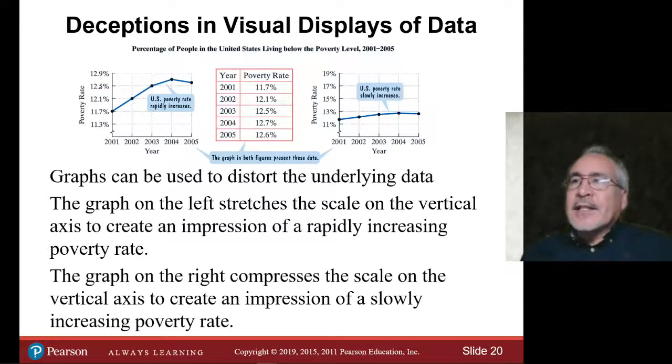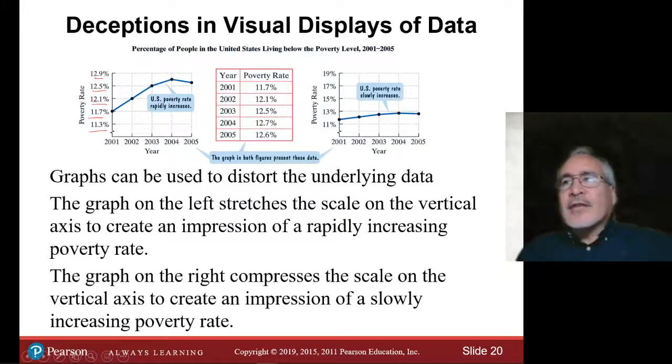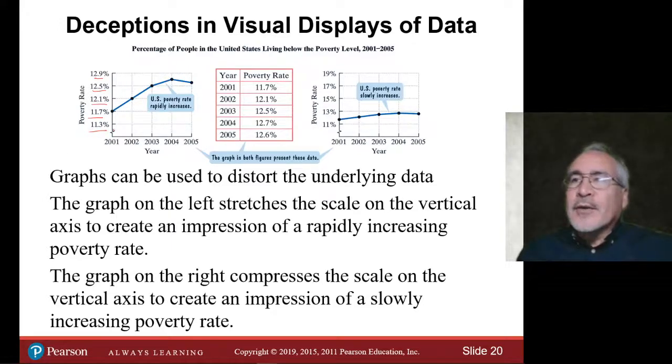Over here, on the left-hand side, they sort of use smaller units, so 11.3, 11.7. So it's going up by 0.4, right? And so that's going to sort of stretch out the data. It's going to make it look more. Notice it doesn't start at 0 either. So that's another.